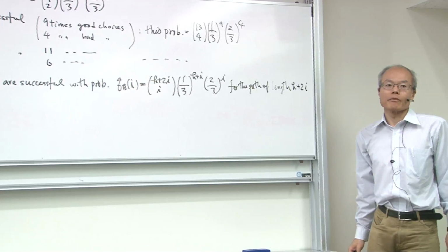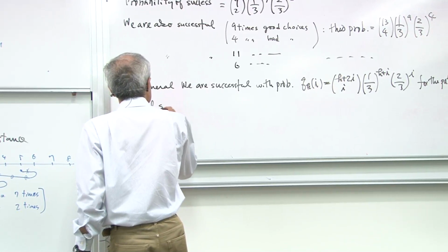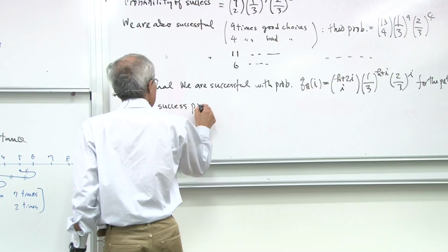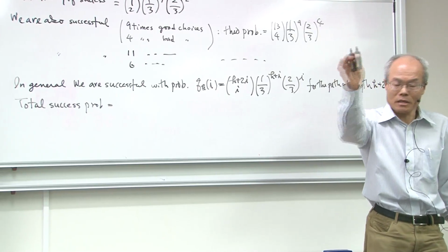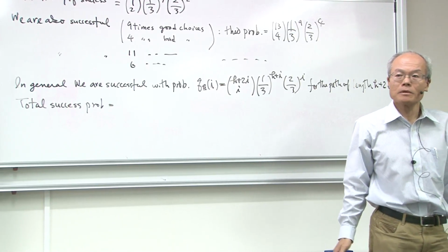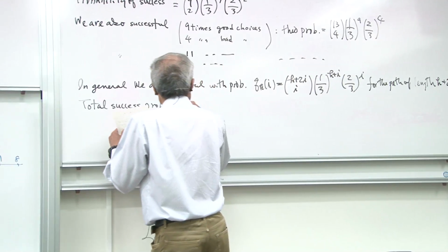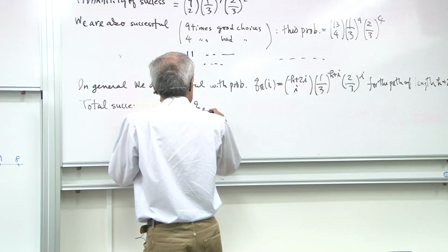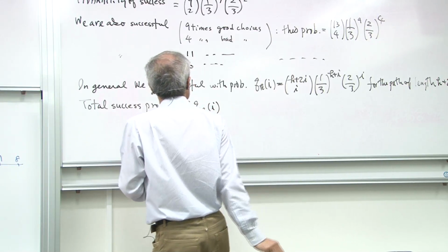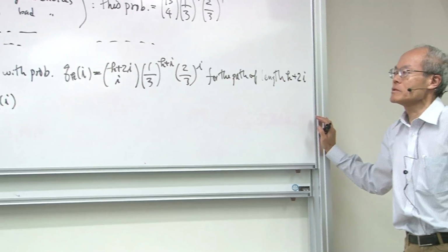Then what is your total success probability? The total success probability is obtained by summing up all these probabilities for i equal to 0 to n.